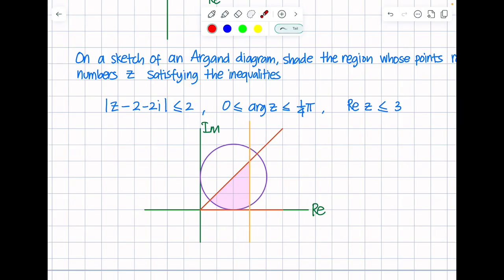The shaded region fulfills 3 inequalities. For the circle, since the inequality sign is less than, we shade inside the circle. The half lines are in between, so we shade this.